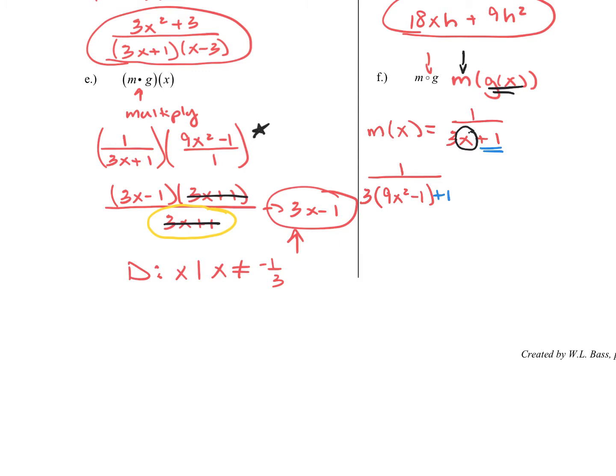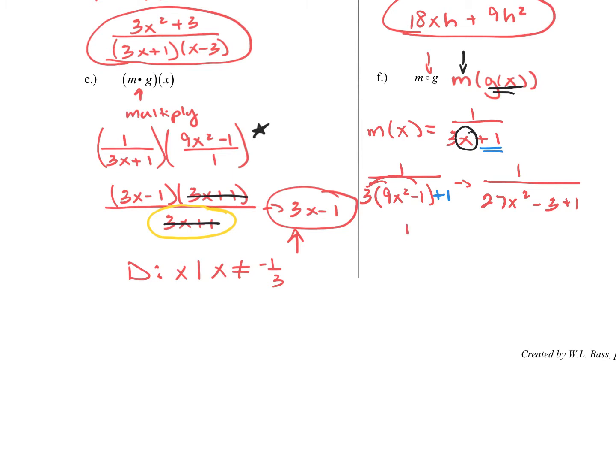Now from here, we're going to do a little bit of expanding. And when we do that, we're going to end up with 27x squared, just distributing this 3, and I'm going to distribute the 3 again, minus 3 plus 1.